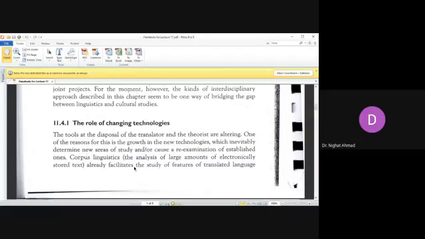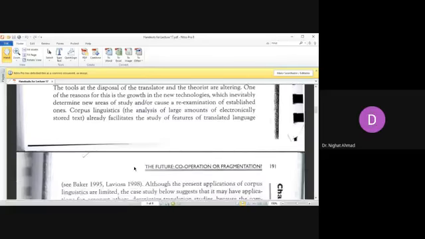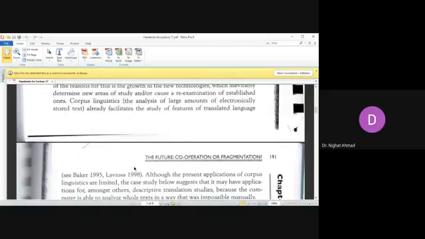Different texts are stored there, and then this huge data corpus, a large amount of electronically stored text, is available. So how could it be used for the sake of translation? Corpus linguistics already facilitates the study of features of translated language. And in itself, this corpus linguistics, as the collection of huge data electronically stored, has opened up a new avenue of research as a tool.